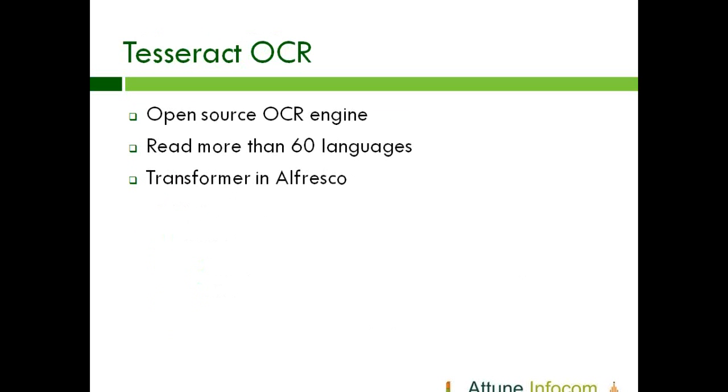Very first, Tesseract OCR is developed by Google. It's an open source OCR engine, so you can easily take it from Google Code, and it comes under the GPL. You will easily find the Alfresco AMPs for Tesseract OCR. Tesseract OCR has the capability to read more than 60 languages, and you just need to do some steps to make the content of your image searchable.